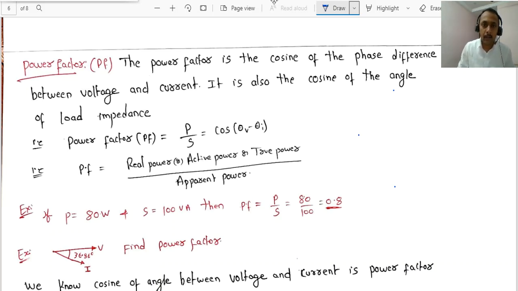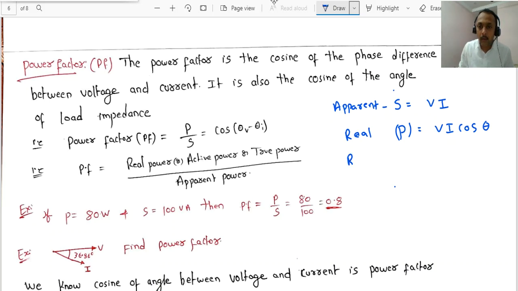For example, in the previous topics we have already seen complex power or apparent power S equal to V into I, where these two values are RMS values, V RMS into I RMS. S represents the apparent power, and the real power P equals VI cos theta, where theta is the angle between voltage and current.